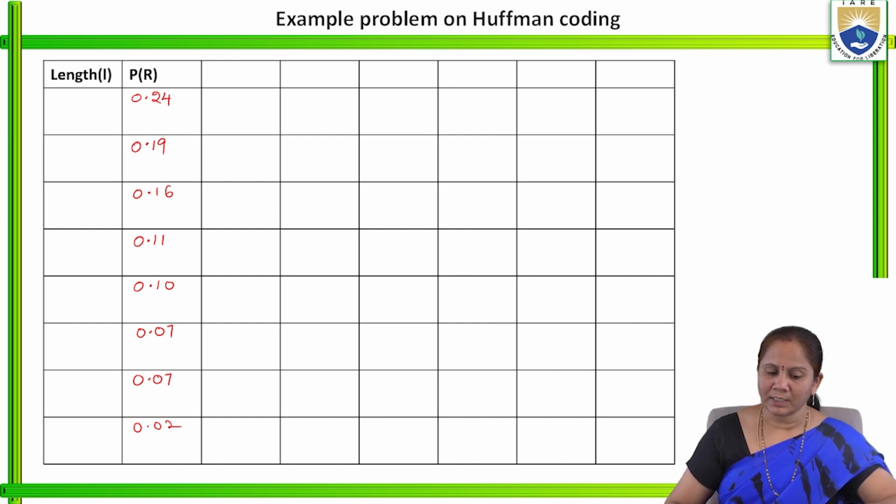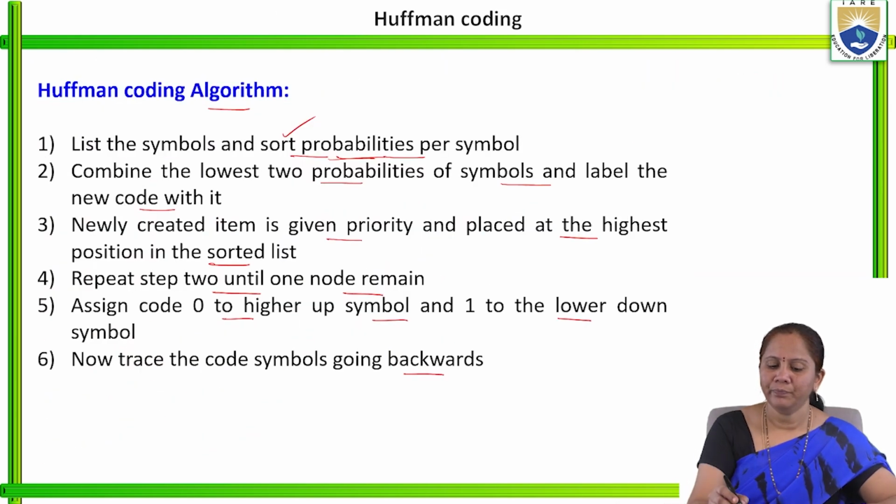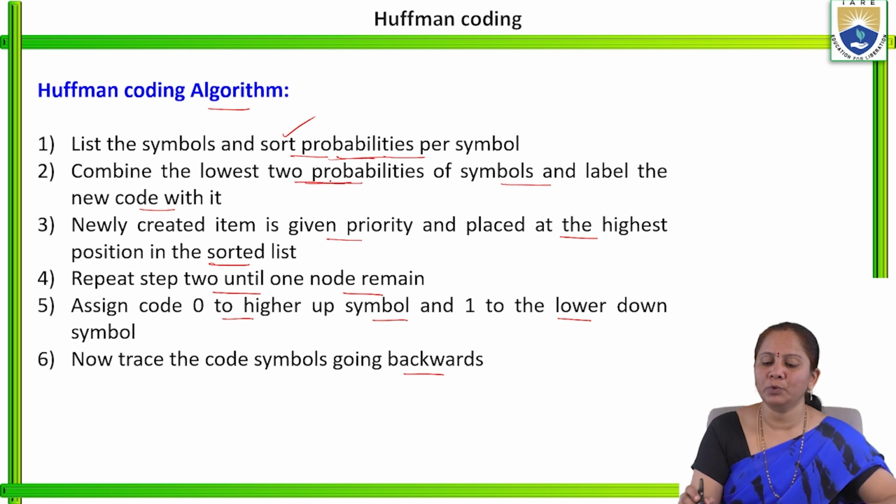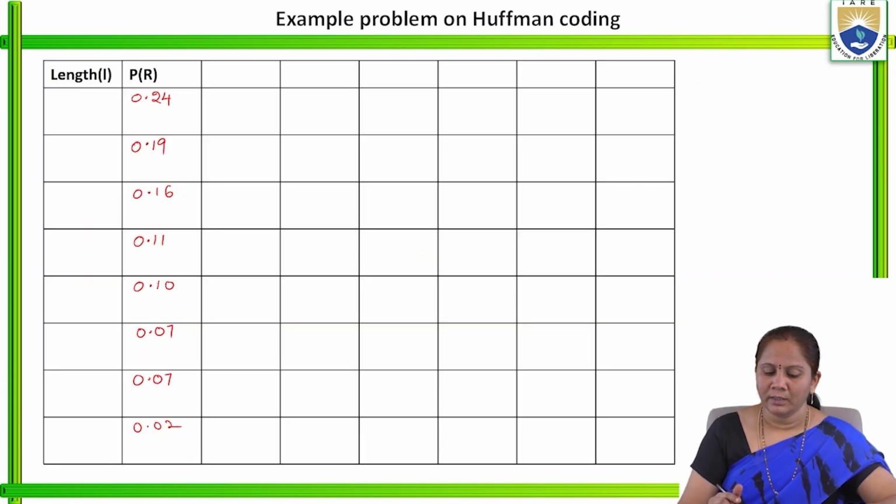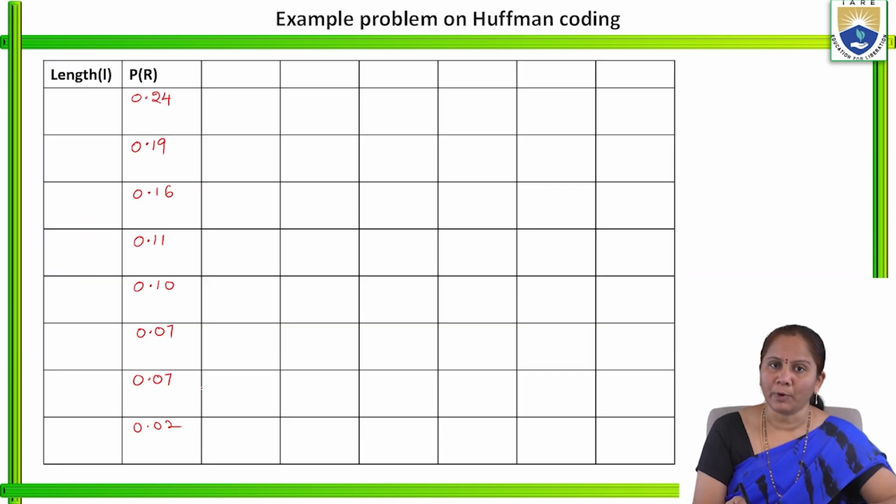So what is the second step in the algorithm? Combine the lowest two probabilities and generate the new code. Okay. So here, these are the two lowest probabilities. Combining means we have to sum, we have to perform an addition operation between these two.